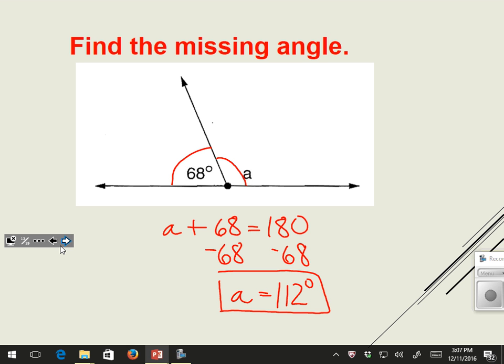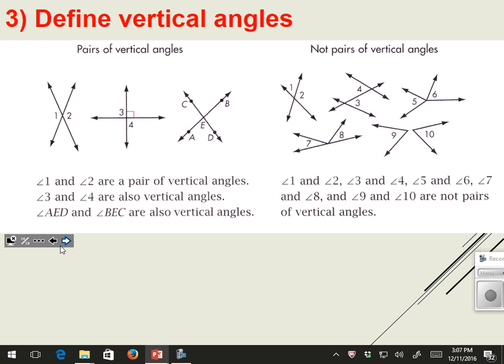Now the next angle is a tough one to describe and define. Let's look at what it says for vertical angles. Vertical angles really have nothing to do with the word vertical, up and down.